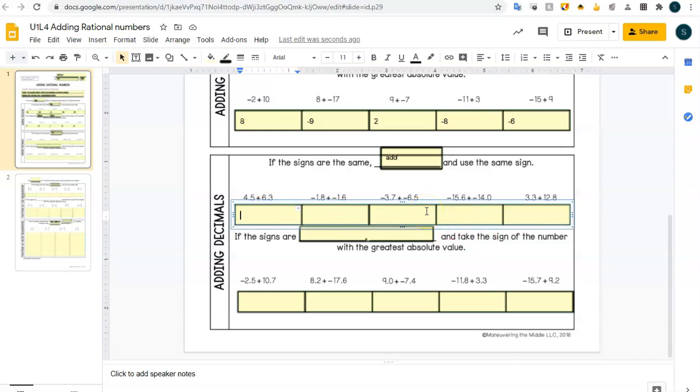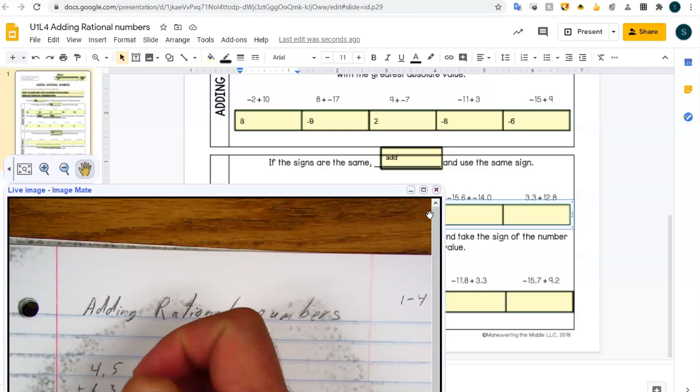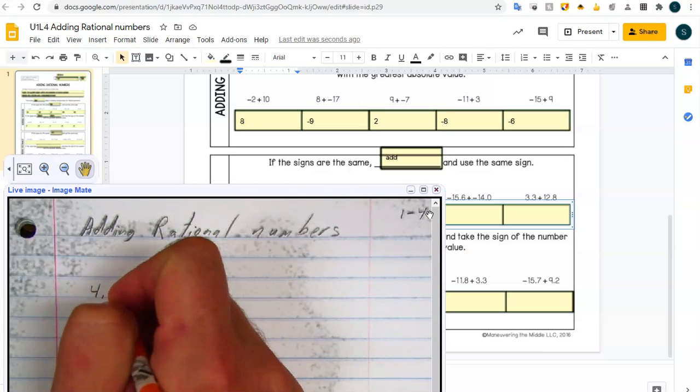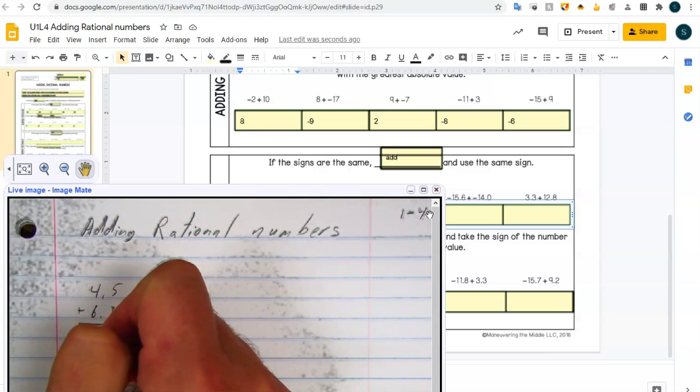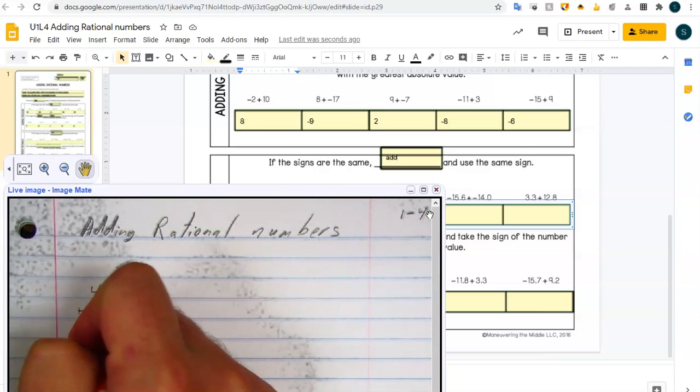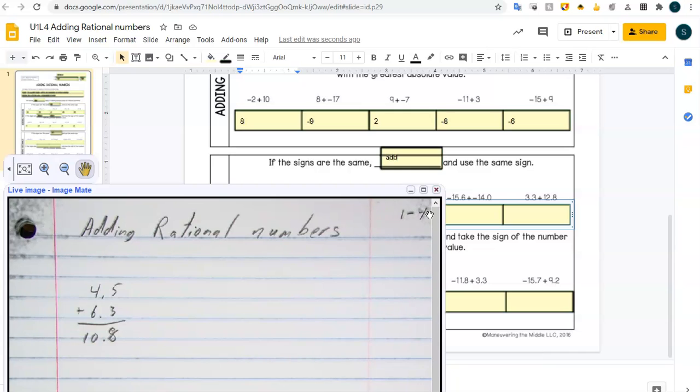So I've got 4.5 plus 6.3. So I've lined up my places. The decimal helped me do that. So I've got 5 plus 3 is 8. And 6 plus 4 is 10, so I get 10.8.